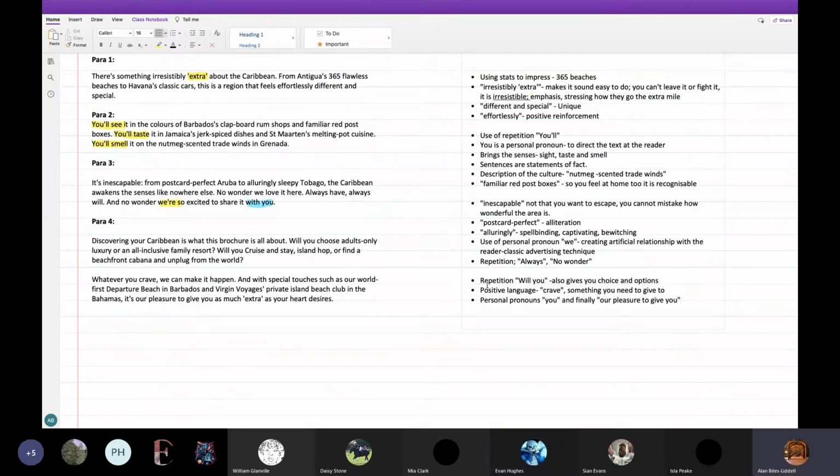What don't they mention in this brochure so far? The price. Yeah. Why do you think they don't mention the price yet? Because it's probably like £100 an hour or something. It's a lot and they don't want to put you off.